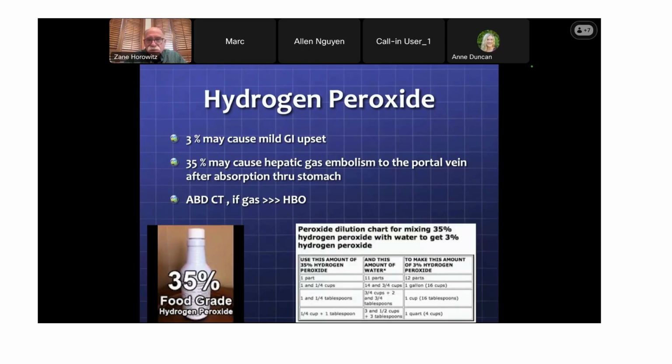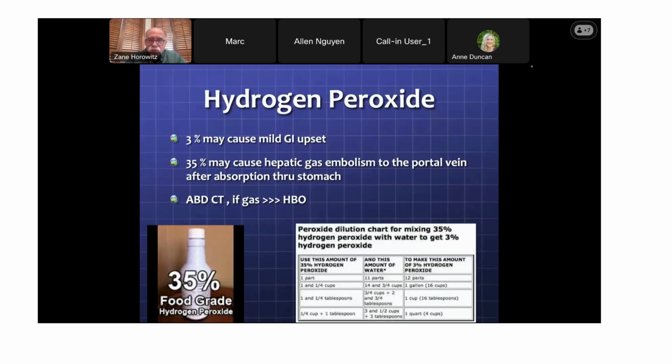It will mix with the hydrochloric acid in your stomach to liberate enormous amounts of free oxygen, which isn't dangerous, but the rate of oxygen liberation and the distension of the stomach creates an ability for the oxygen to diapedese, essentially go through the small cracks in the stomach wall into the portal circulation, where it then travels to the liver and gets stuck in the portal venous vessels, and it can easily be seen on CT.